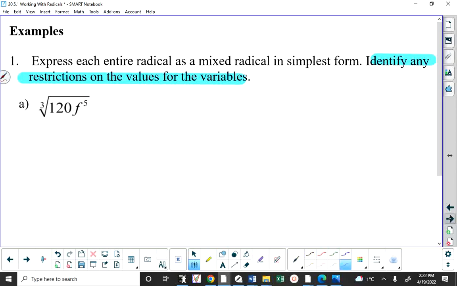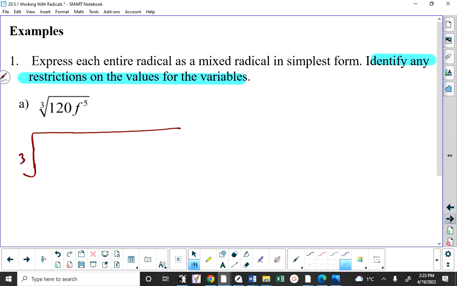I don't think you can use my method for this. You have to tear things apart into all of the factors. And I realize that some of you can take shortcuts. And what I'm interested in here is you getting the right answer. Okay? So if we tear this down into all of its factors, it's the cube root, and I guess I should figure out what 120 is, right? 120.